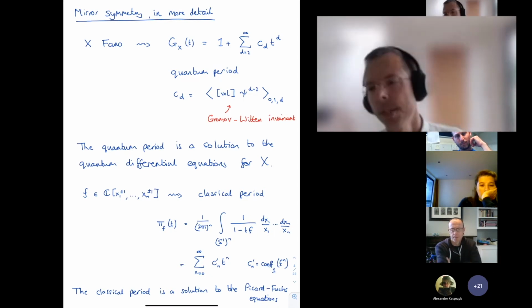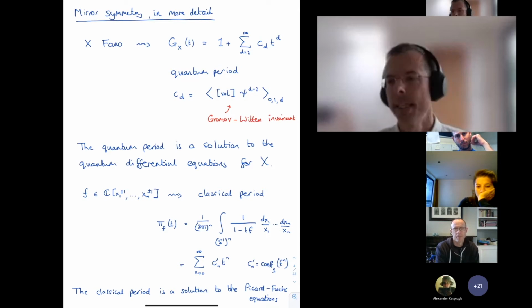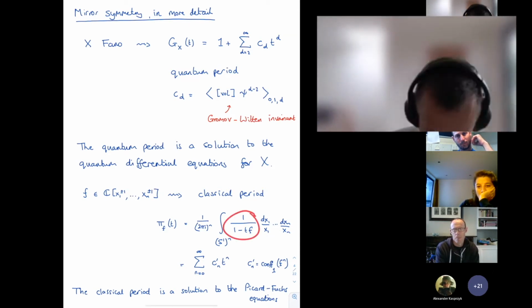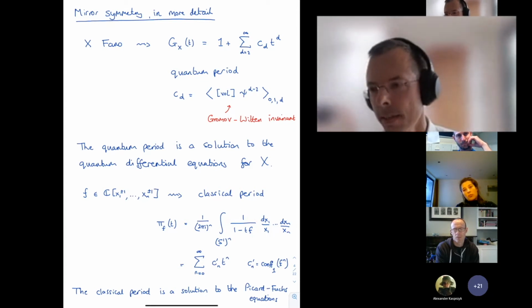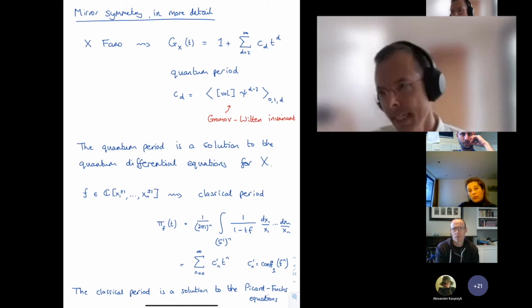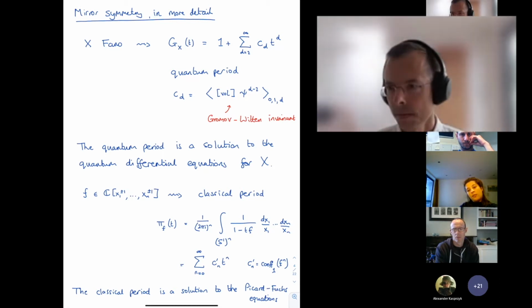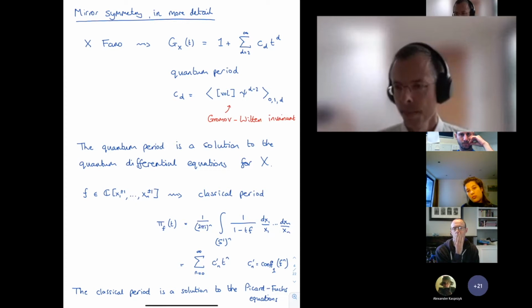Can we imagine for a moment that t is really, really small? Then you could take this 1 over 1 minus tf, and expand it as a geometric series. So you'd have 1 plus t times f plus t squared times f squared plus t cubed times f cubed, and so on. And then you can do this integral by Cauchy's theorem.